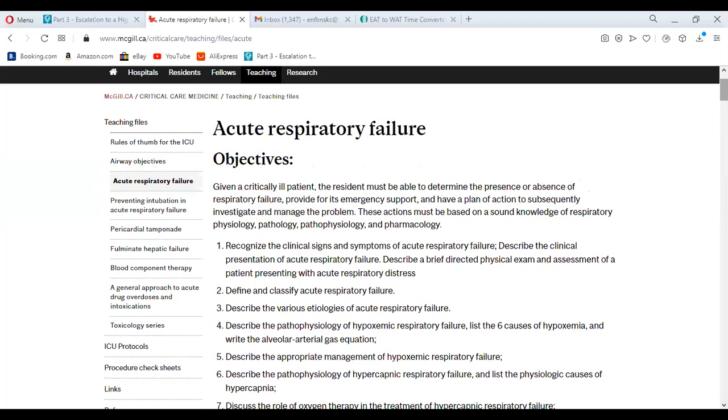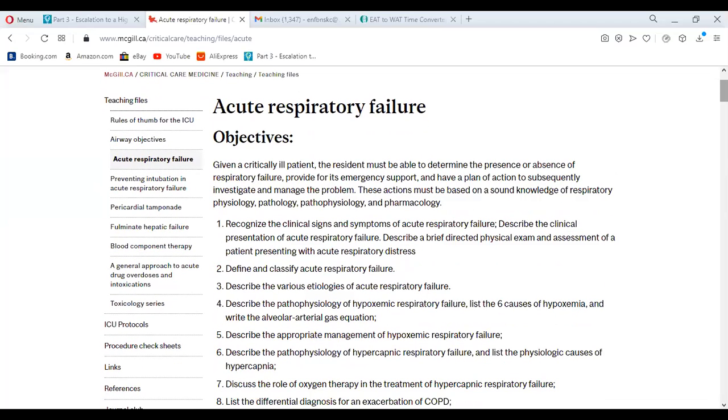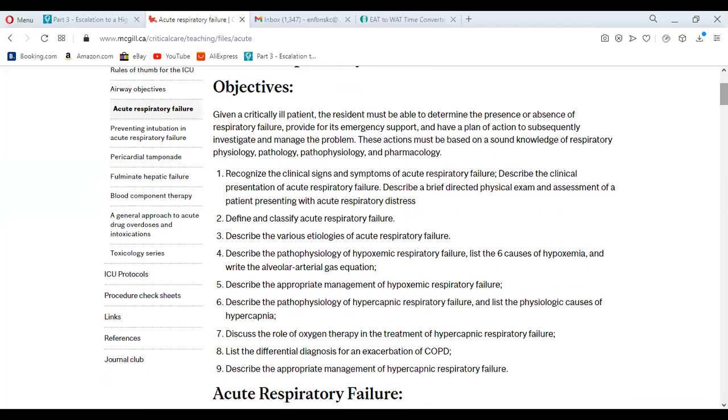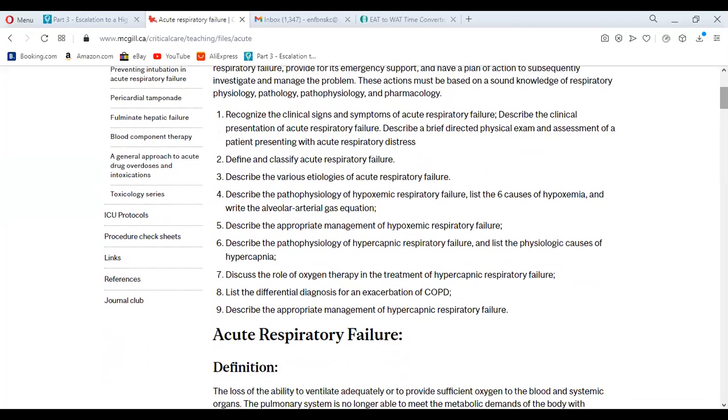The objectives here are that you should be able to recognize the clinical signs and symptoms, and be able to define and classify acute respiratory failure. Describe the various etiologies of acute respiratory failure, describe the pathophysiology of hypoxemic respiratory failure, and so on.